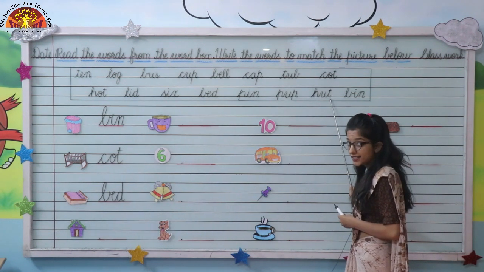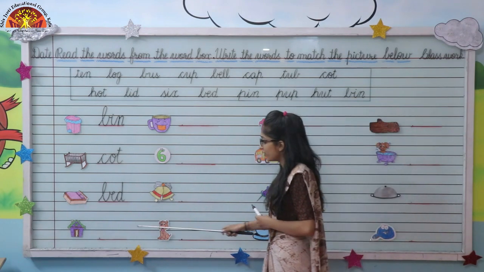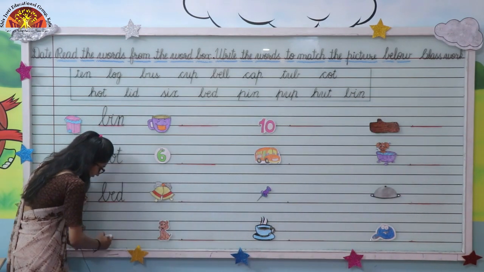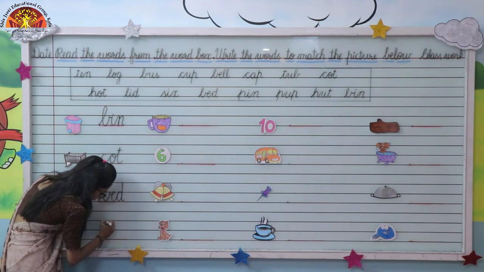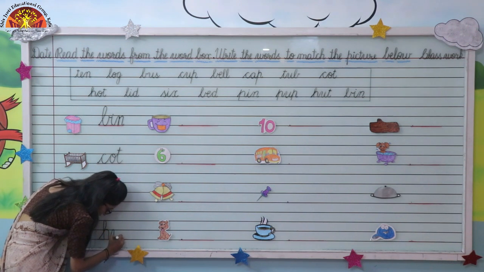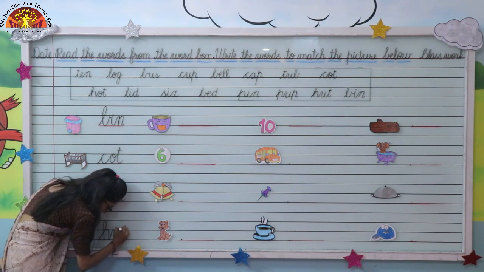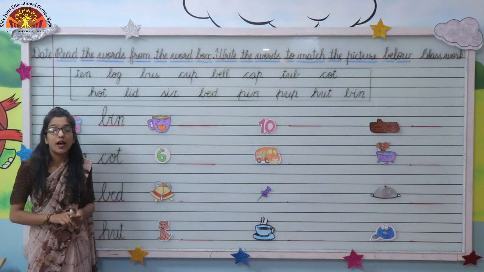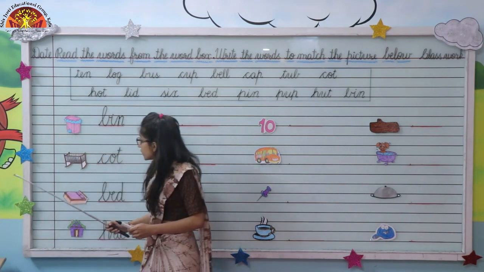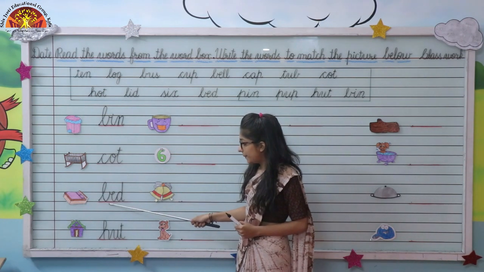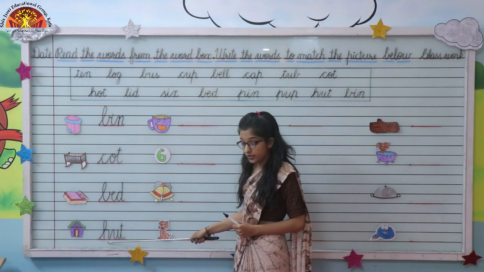H-U-T, hut? Yes. So we have to write here spelling of hut. So kids, look here. H-U-T, hut. So kids, bin, cot, bed, hut.